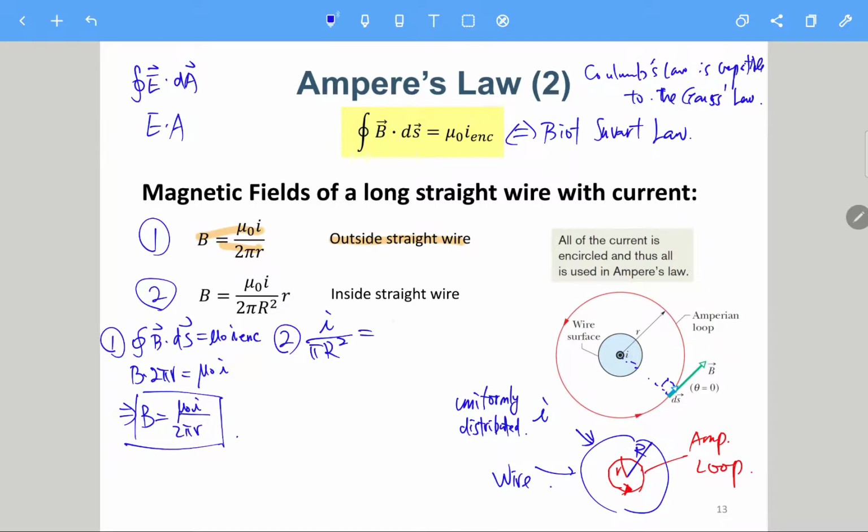So I enclosed is the density times pi small r squared, the enclosed area. The pi and pi cancel, so we have I enclosed equal to I times small r squared over capital R squared.